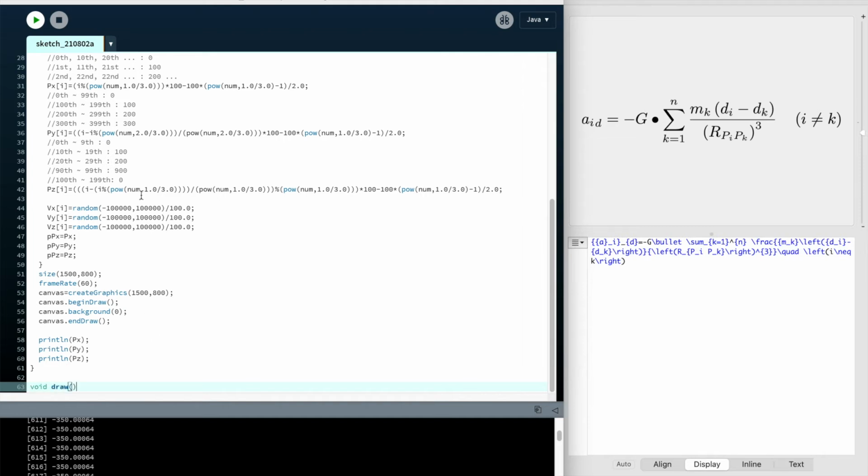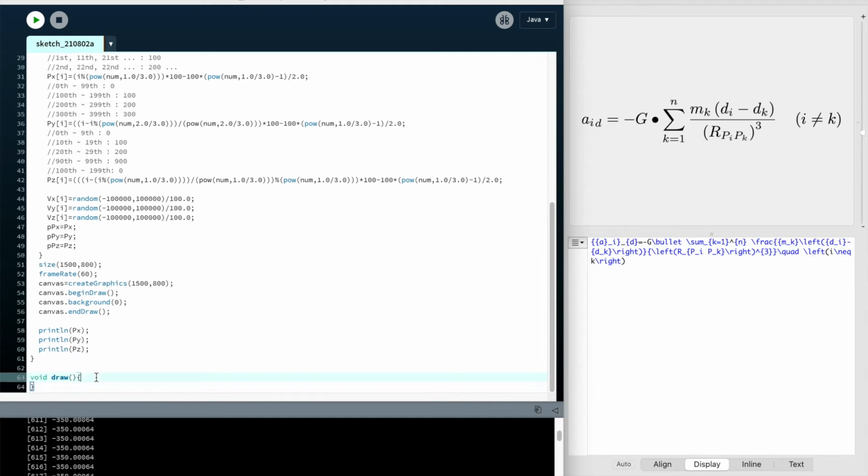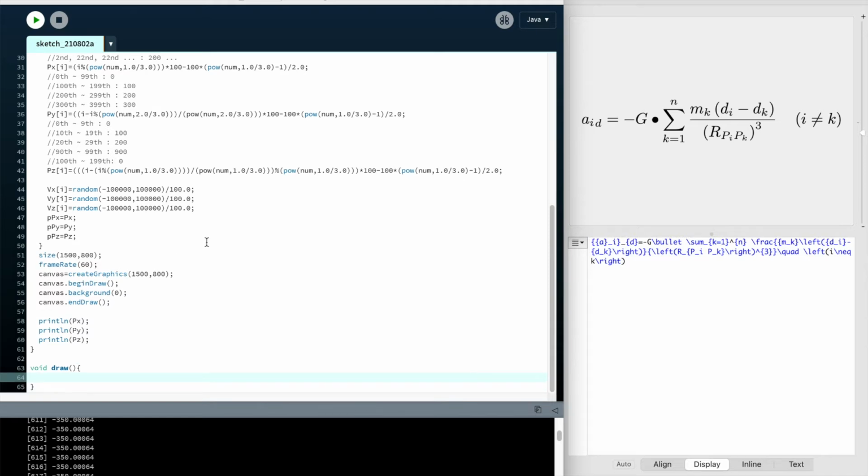So void draw. This is where we actually do the simulation. First of all, I create the image, so canvas 0, 0.